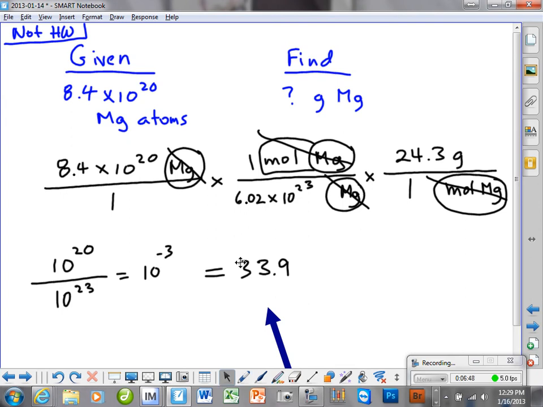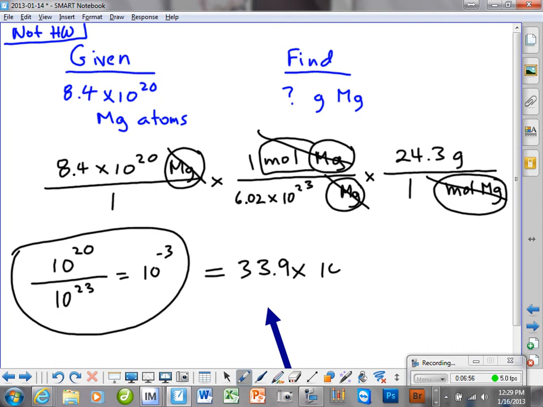Now, that 10 to the minus 3 has to be put into our calculation, and we're just doing that as a side. So I put in my 10 to the minus 3, and now I have completed the calculation, except for the fact that we have to move the decimal from here to here, which is one place to the left.